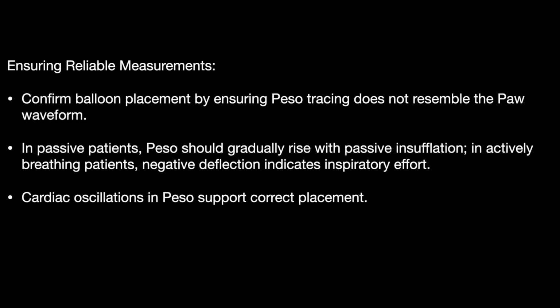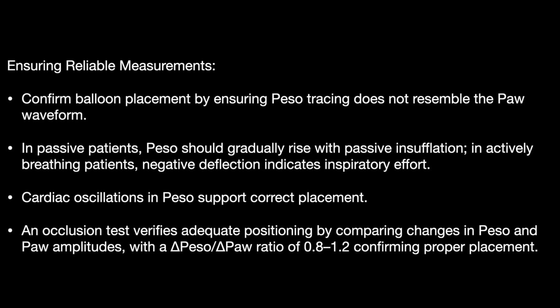Cardiac oscillations in esophageal pressure support correct placement. An occlusion test verifies adequate positioning by comparing the changes in the esophageal pressure and the airway pressure, with the delta esophageal by delta airway ratio of 0.8 to 1.2 confirming adequate placement.